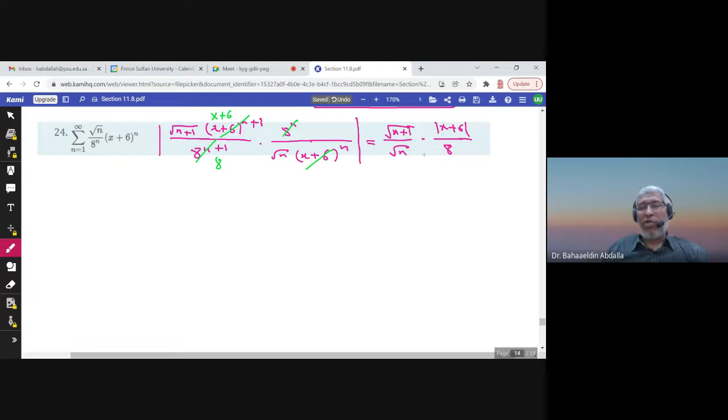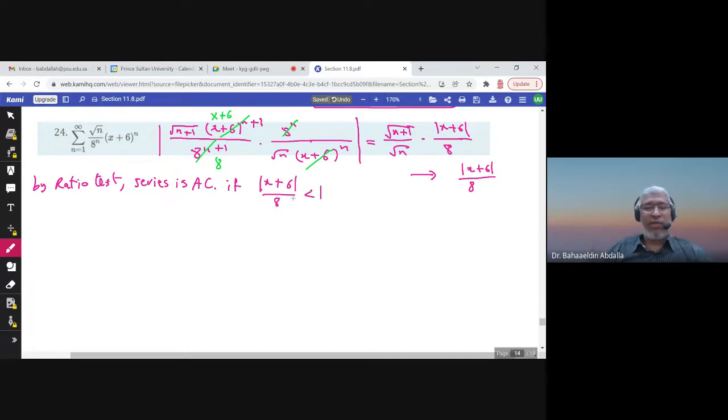And then we take the limit when n goes to infinity, and the limit of this quantity when n goes to infinity is 1, because you take the highest power over the highest power. Then this will go to absolute value of x plus 6 over 8. And then by ratio test, the series would be absolutely convergent if absolute value of x plus 6 over 8 is less than 1, or if absolute value of x plus 6 is less than 8.